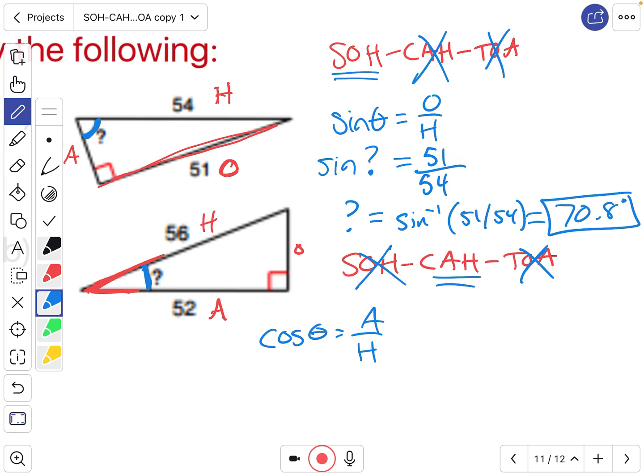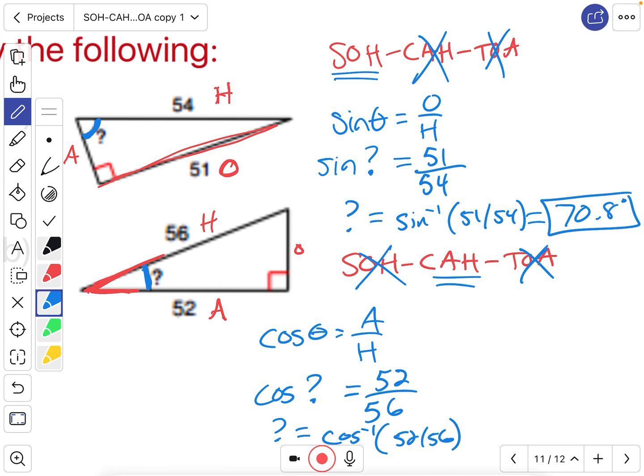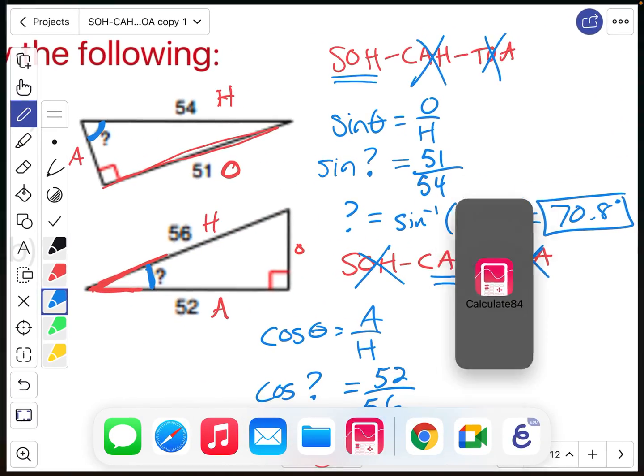Cosine here. So if I set it up, cosine of my angle, adjacent over hypotenuse, cosine of, we'll call it question mark. The adjacent side is 52, the hypotenuse is 56, so to solve for that, if I take the cosine inverse of that ratio, that will give me the answer.